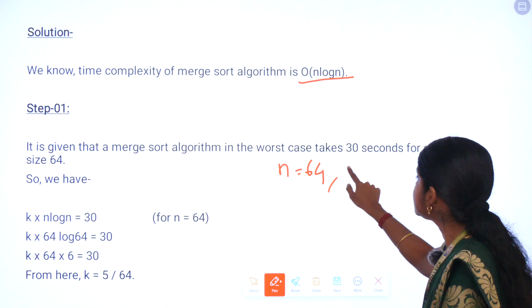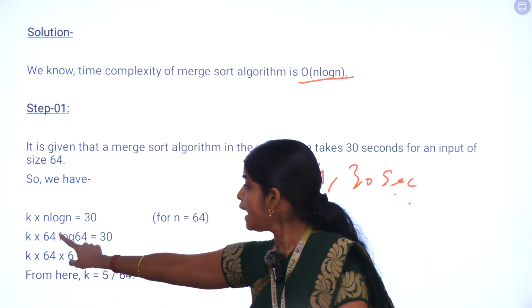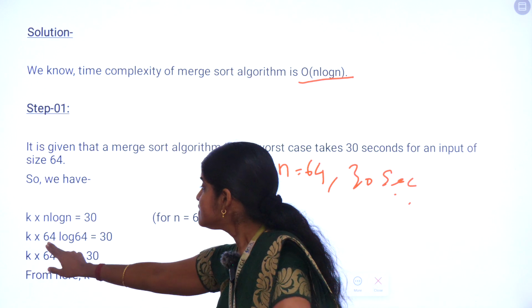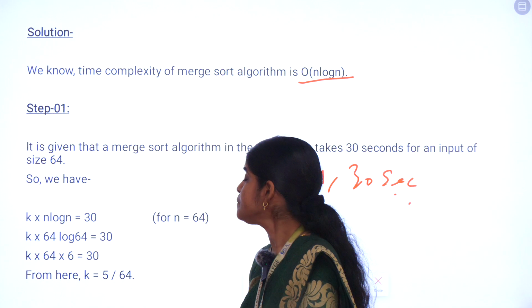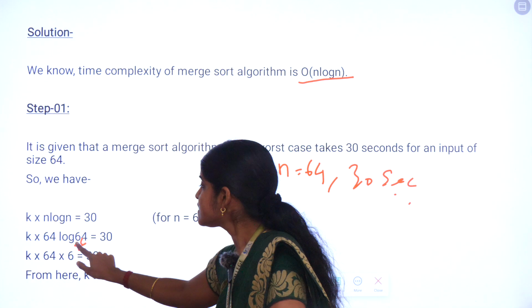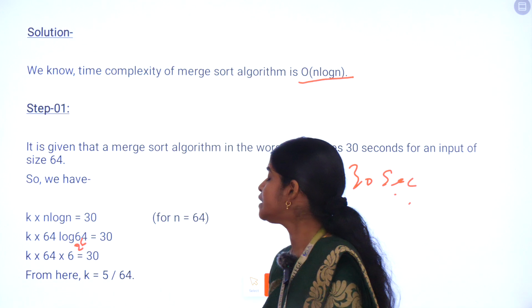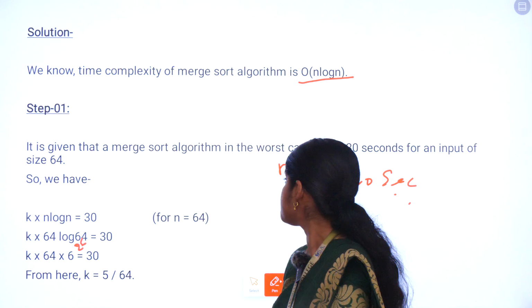So here is the formula, k into n log n is equal to 30. Here the n value is nothing but 64. So 64 log 64 is equal to 30. Here 2 power 6 is 64. So here k into 64 into 6 is equal to 30, which gives us k is equal to 5 divided by 64.